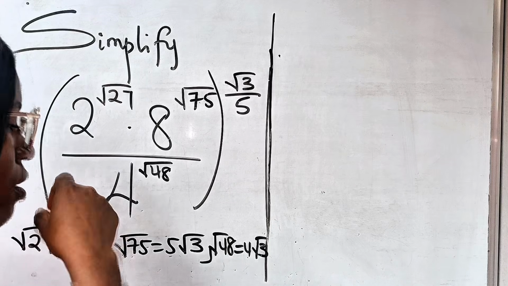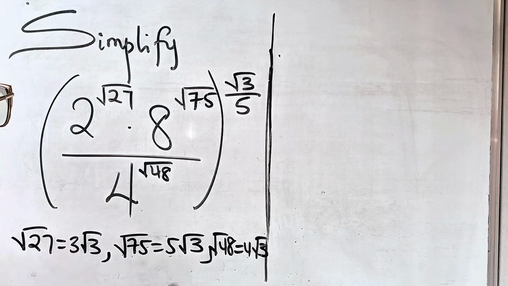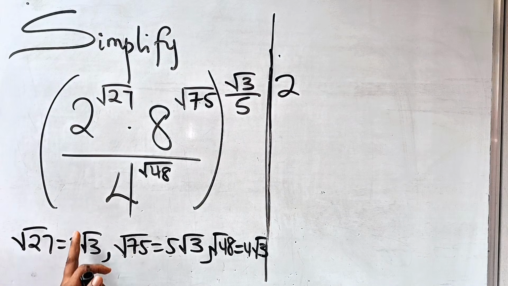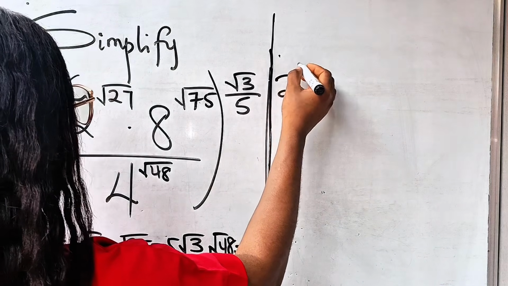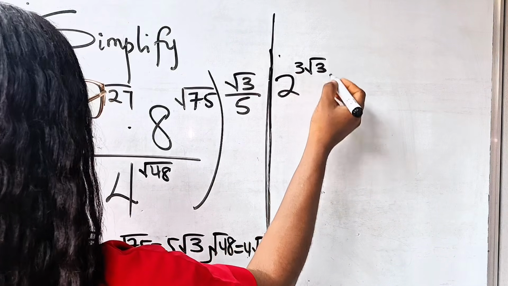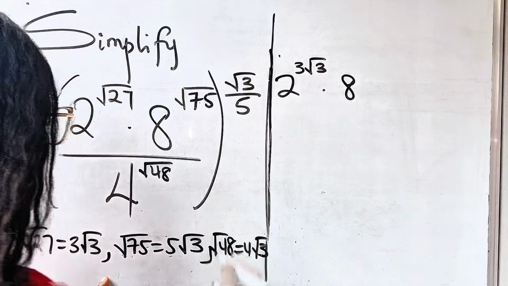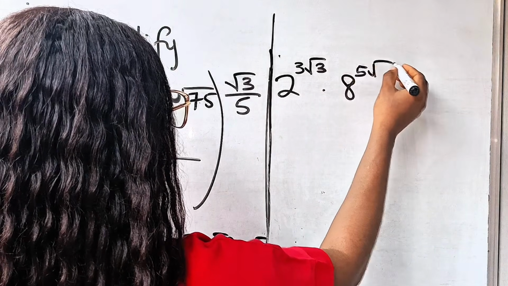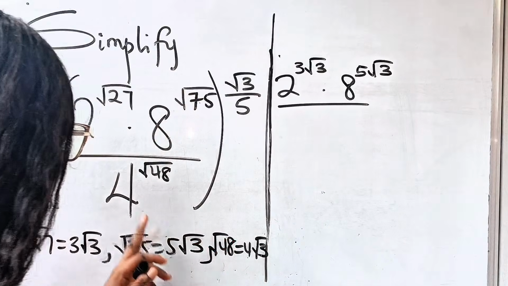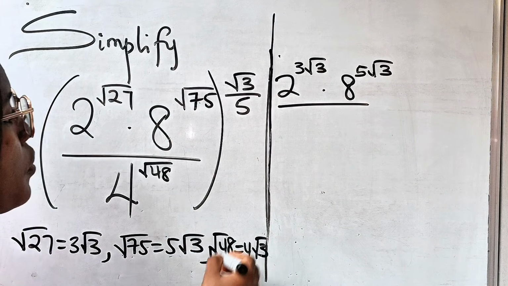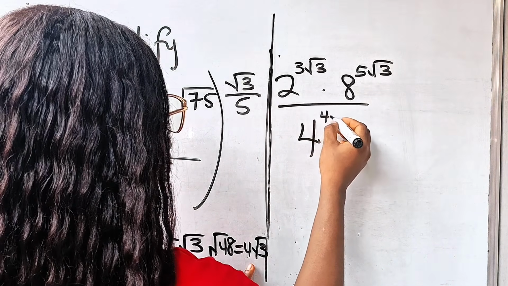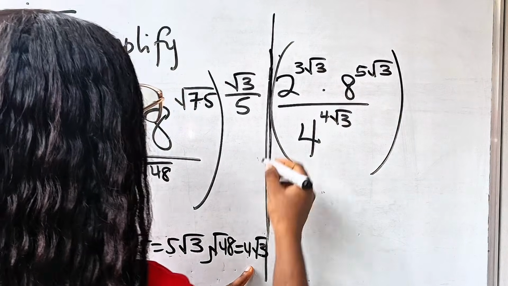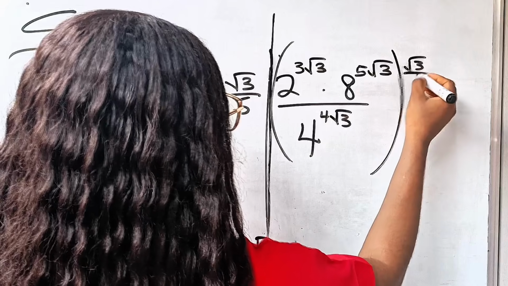So we write 2 to the power of 3 root 3 multiplied by 8 to the power of 5 root 3 divided by 4 to the power of 4 root 3, everything raised to the power of root 3 divided by 5.